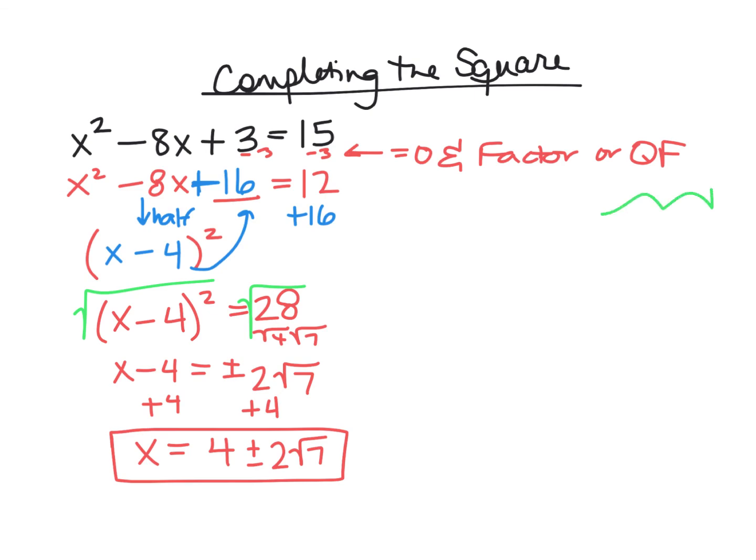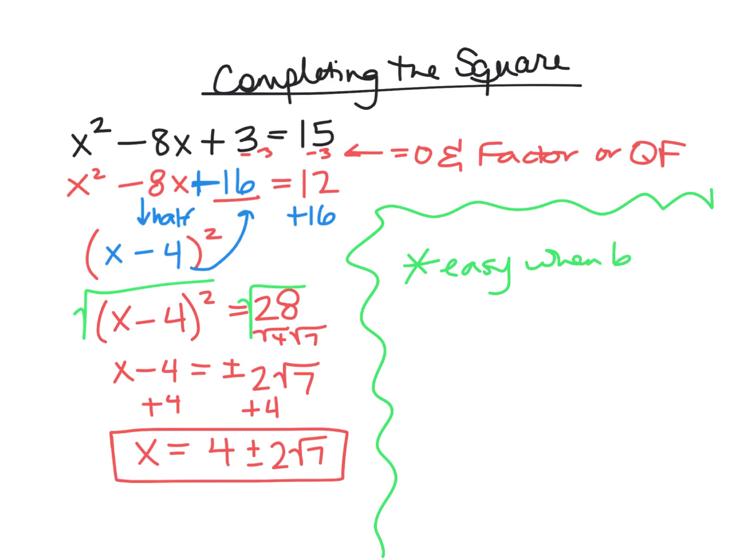So the last thing that I want you to note about completing the square is that it is easy when b is even. Obviously, if this middle number is not an even number, when you go to cut it in half, you're going to have a decimal or a fraction, which is going to be more annoying to deal with. It is also easy when a is 1.